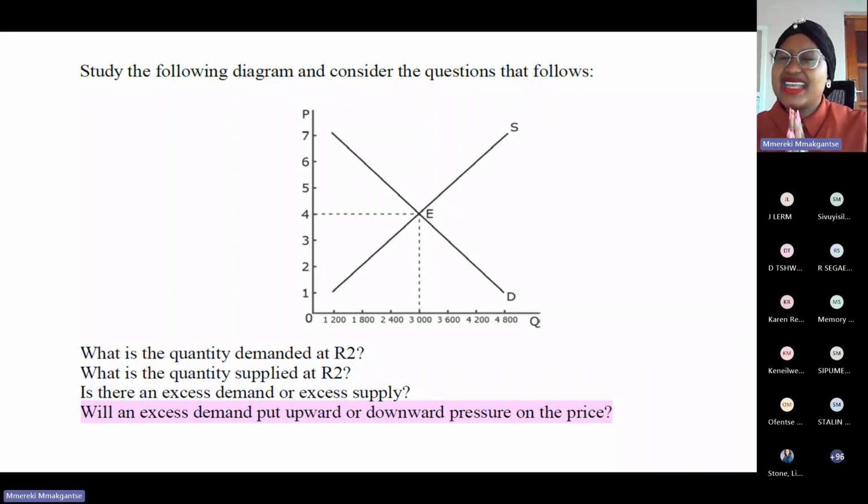Please ensure, guys, that you know your demand and supply curves. D, demand curve. S, supply curve. So at R2, do we have excess demand or excess supply? Remember, R2 is below the equilibrium price.